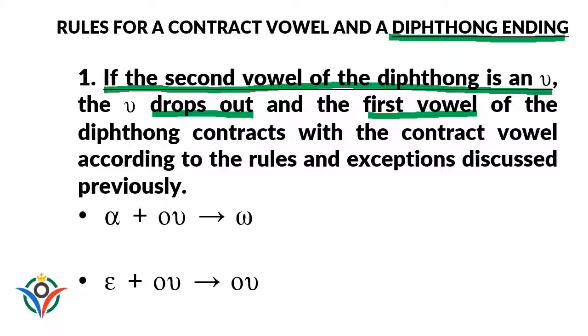All right, so let's take a look at the first example together. So here we have the contract vowel, the alpha, plus the diphthong ου.